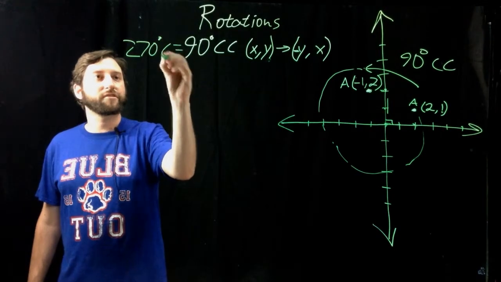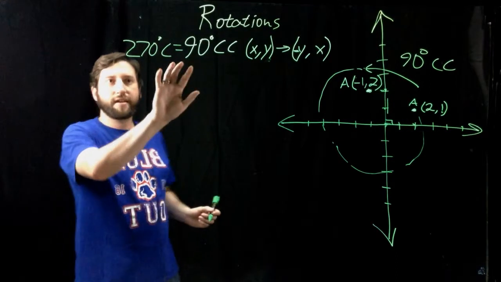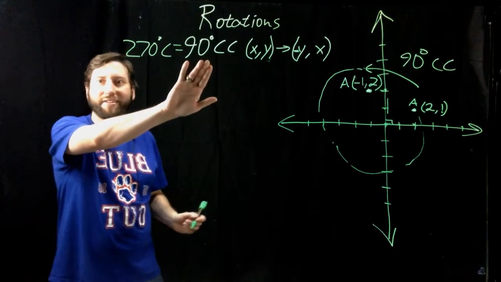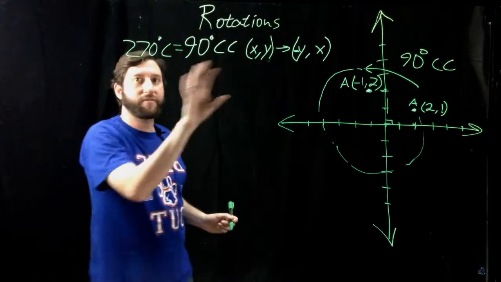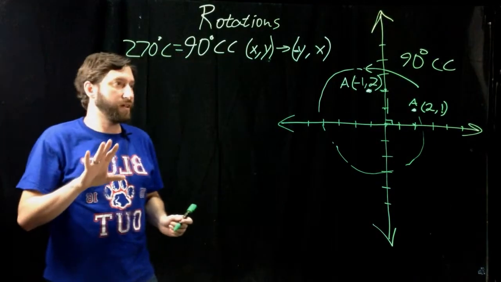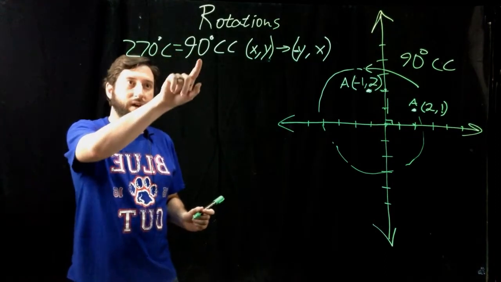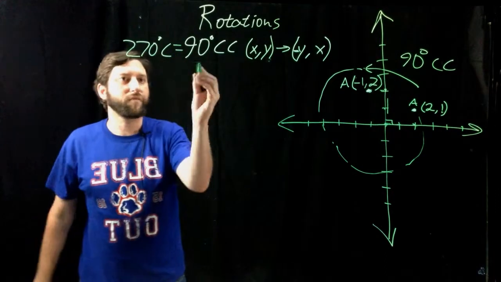So 270 clockwise and 90 degrees counterclockwise are the same thing. I'm just going about it in a different direction.